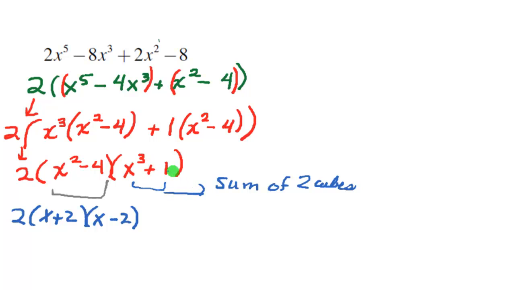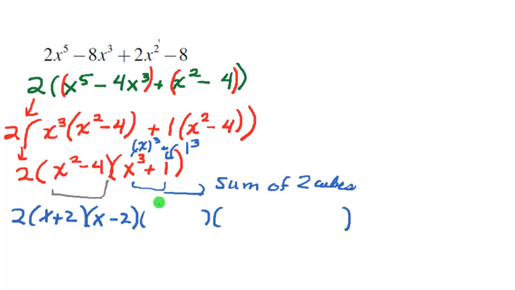But some of you may know how to factor the sum of 2 cubes. For those of you that know, there's going to be a binomial and a trinomial. Kind of like with the difference of 2 squares, what did you cube here? Here we cubed the x, and here we cubed a 1.